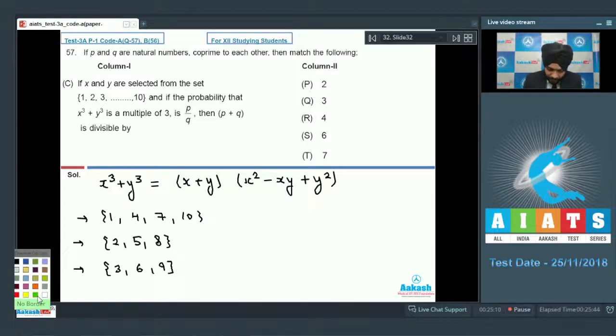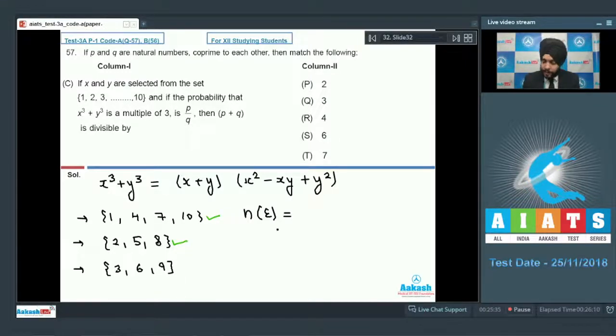The number of favorable events are, if you select one element from here and one element from here, the sum x plus y is always divisible by 3 because it is 3n plus 1 plus 3n plus 2 giving me 6n plus 3. So the number of elements in the favorable event are any element from these 4, 4C1, corresponding to any element from the set number 2, 3C1.